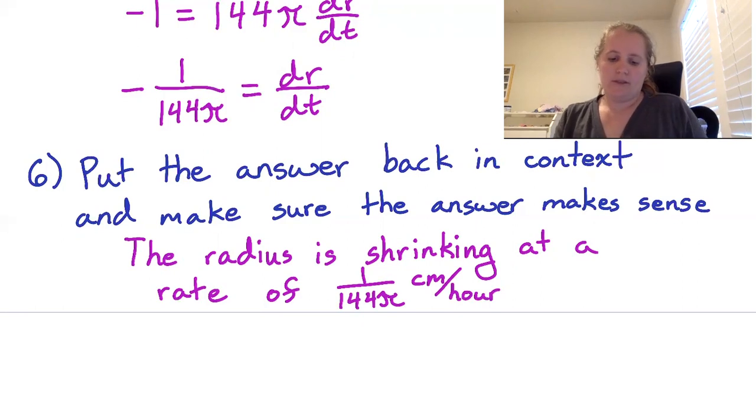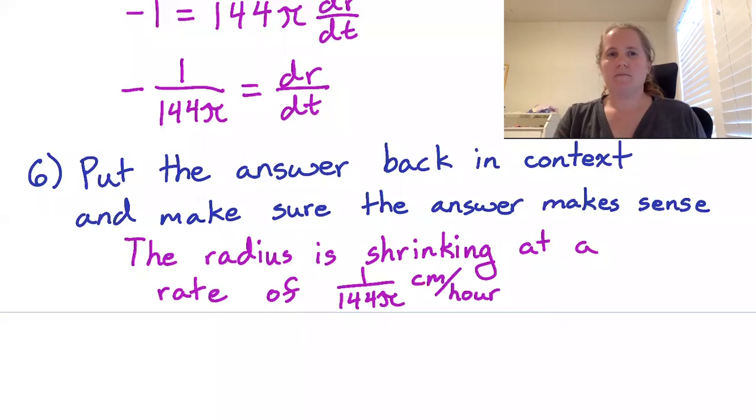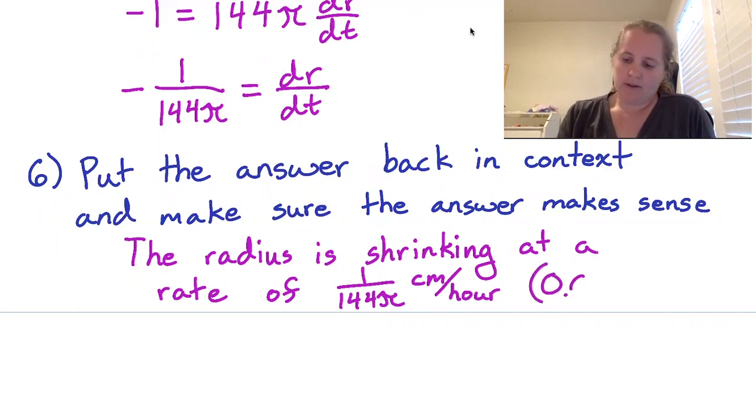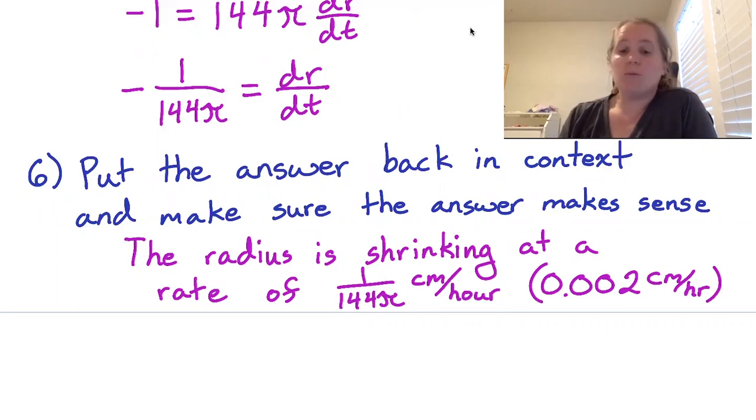Or if we plug that into a calculator, we wind up getting 0.002 centimeters per hour. When the snowball is 6 centimeters in radius.